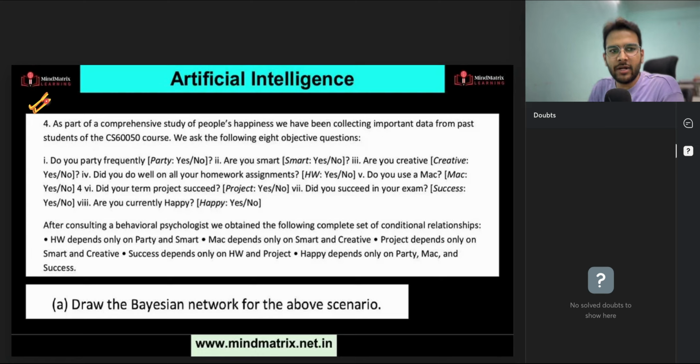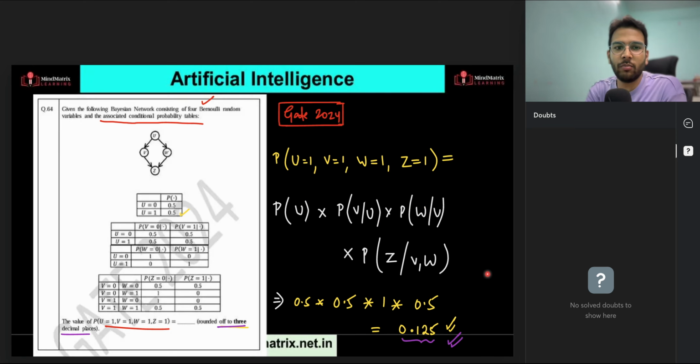This is a very simple question, but one more thing I wanted to mention here. It may also happen that if they give you a question based on a Bayesian network, instead of directly writing these values, they may give you some statements. Like if you consider the example of burglary, they may say: find the probability that a burglary has happened and no earthquake has occurred at your house.